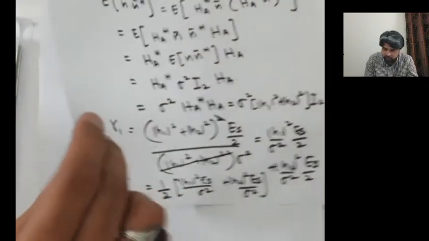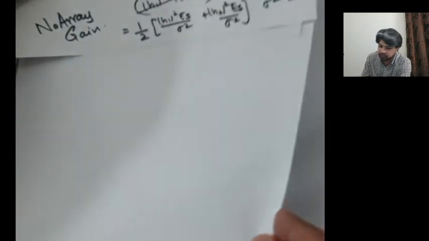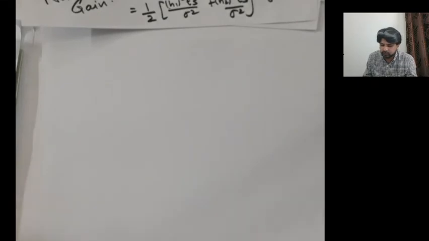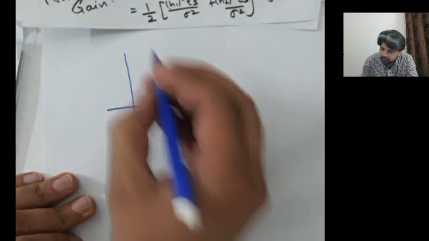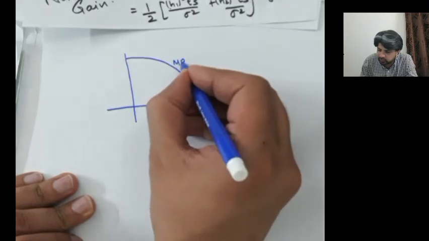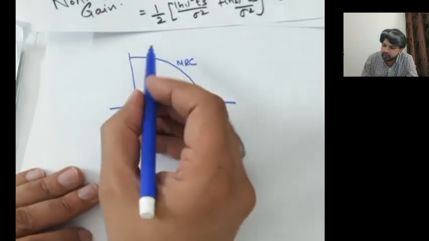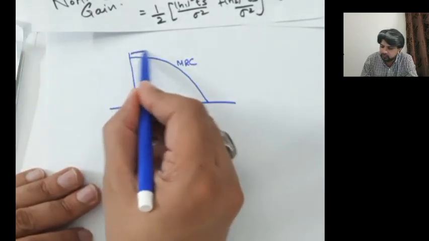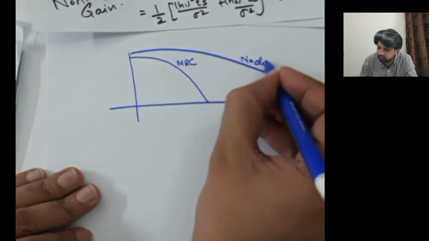Would that improve the performance? That is the question, of course. What does this mean in terms of performance? So that would mean that, for example, if this is the performance of the maximal ratio combining, and say this is the performance with no diversity.